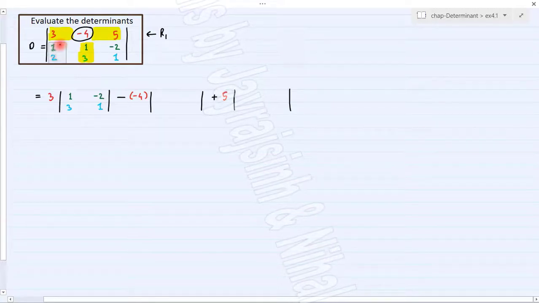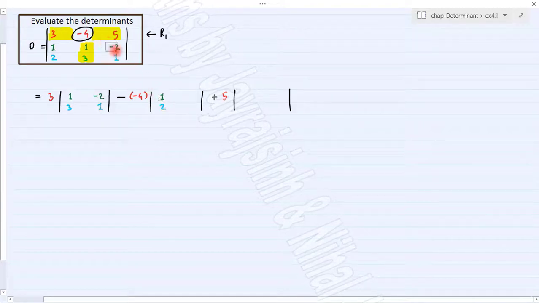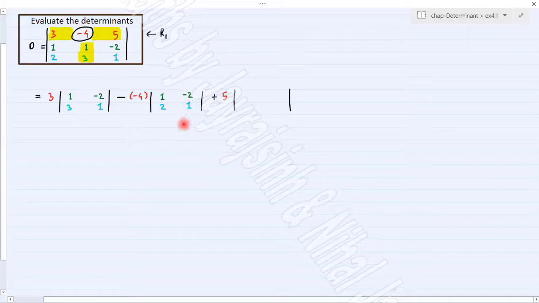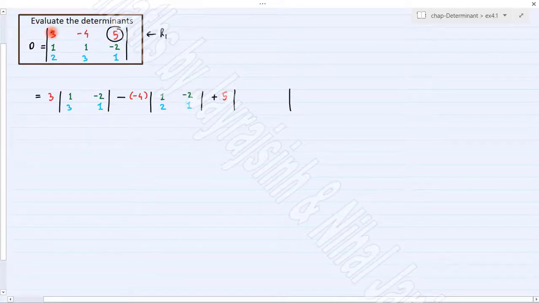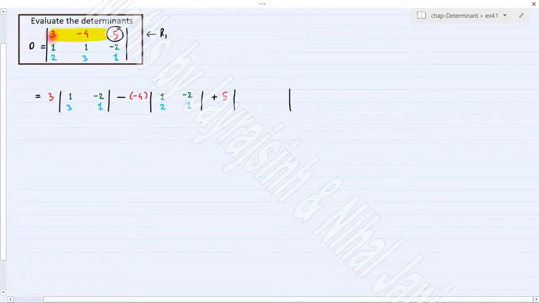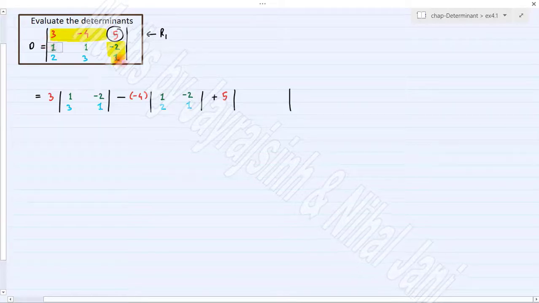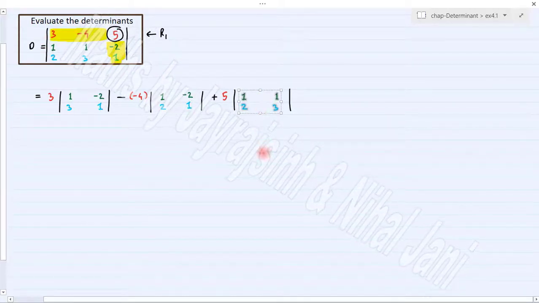So the first column will be 1 2 and second column will be minus 2 1. Now your last minor, which can be obtained by ignoring first row and last column. So we will get 1 1 and 2 3.